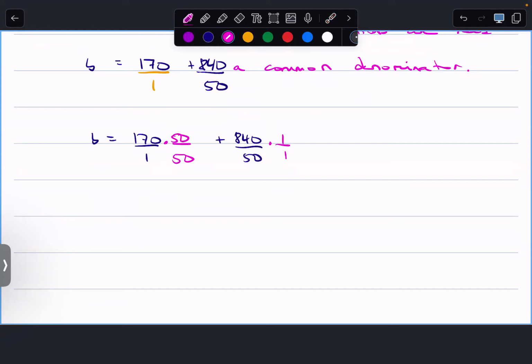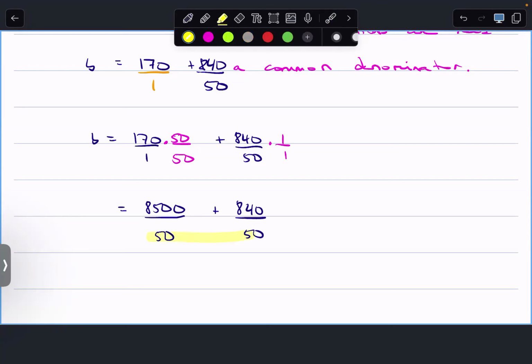So then what does this look like? This is gonna be 170 times 50 is 8,500, because if I'm multiplying fractions across, right, then I can just multiply this and multiply this. Right? Divided by 1 times 50, plus 840 over 50.